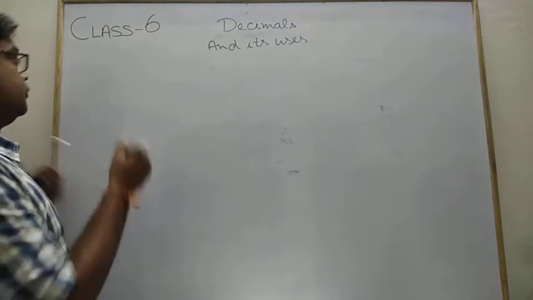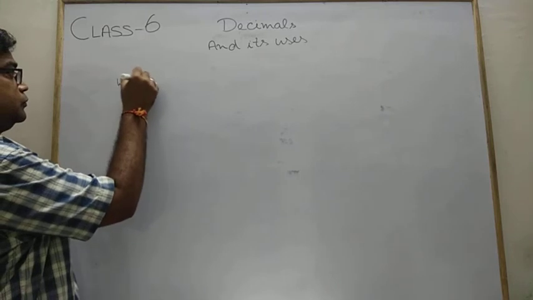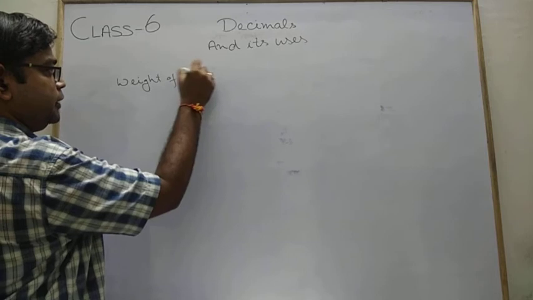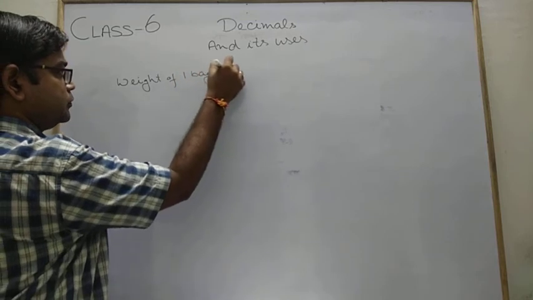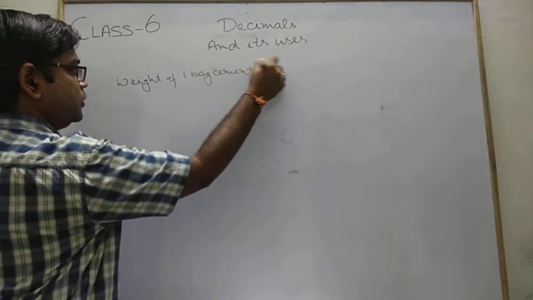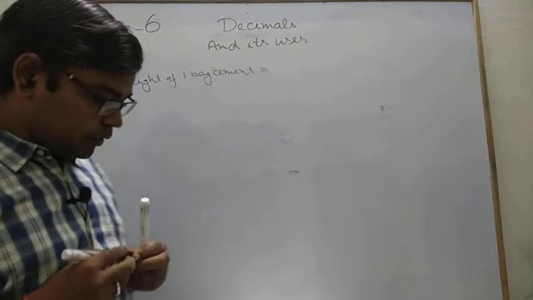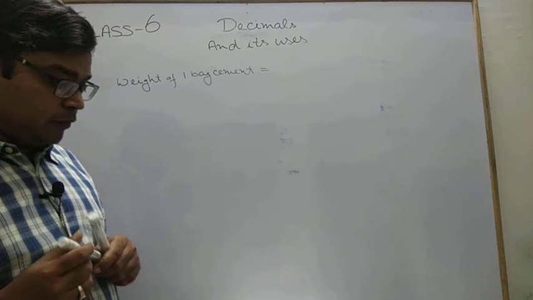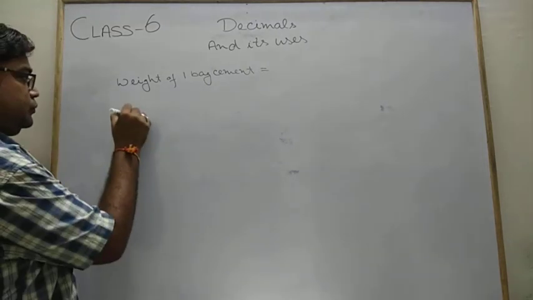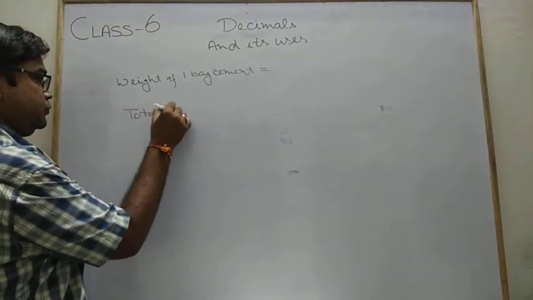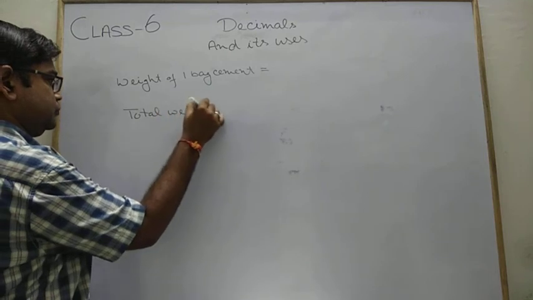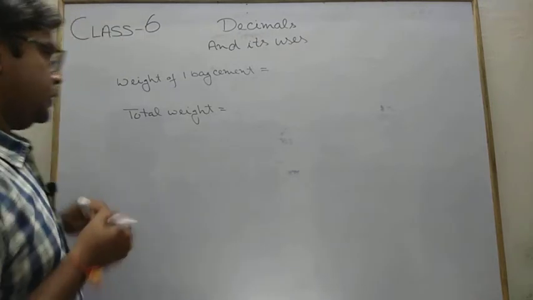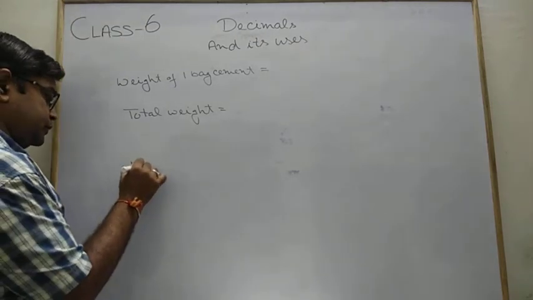So weight of one bag of cement is given to you, and total weight is given to you, and the question asks how many bags. So we have to find out the number of bags.